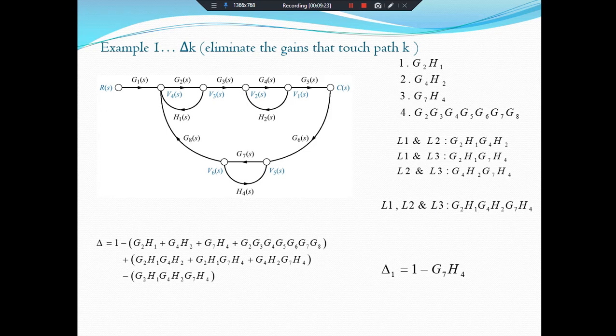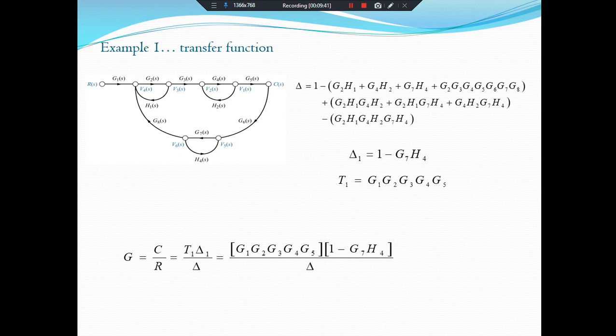So now we have found all the unknown values. We know T k means the forward path gain. We know delta k means delta 1, and we also know delta. Now we simply put in all the values and find the transfer function. So it's delta, it's delta 1, it's T1. We have already found these values in the previous slides.